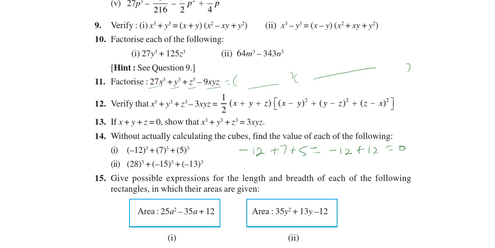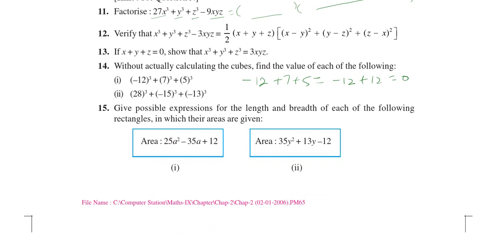If they don't give 0, then you can't do anything, then you have to cube it. They gave 0 so that we can use this 13th identity. That's the reason the sum is 0. Right? Any other problem? Any queries?